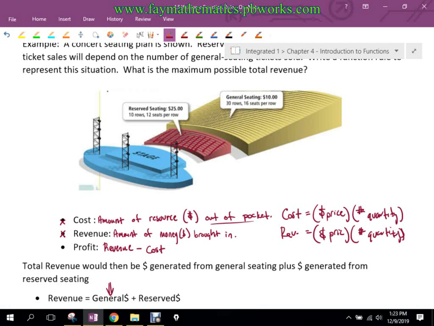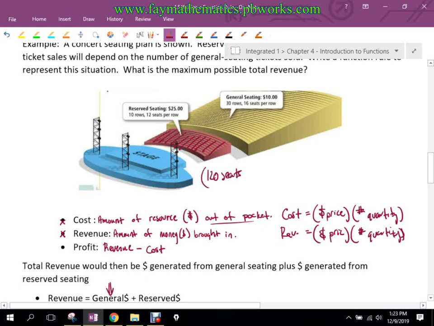How many red seats are there? Maybe on your sheet it's a little bit easier to see. Did it print out very well? That's not too bad. It says 10 rows, 12 seats in each row. 12 times 10 gives me 120 red seats, right?